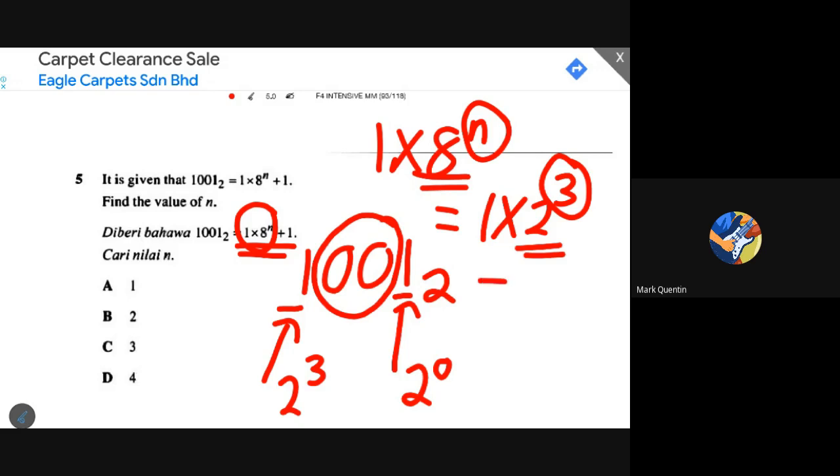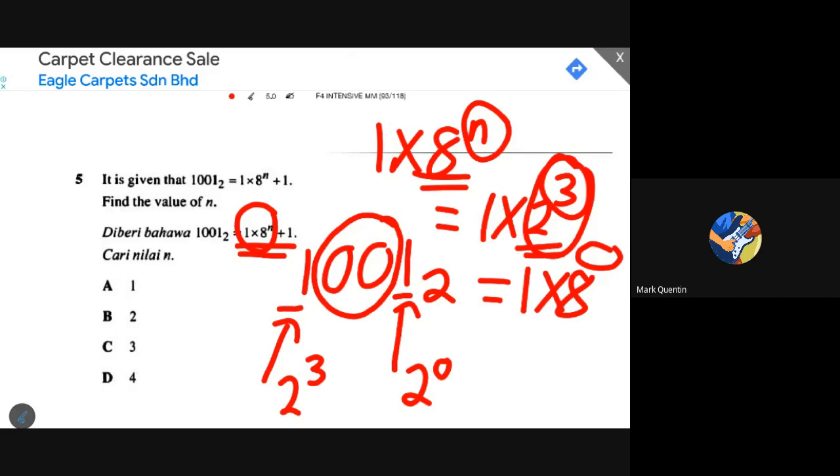Okay, so if you try to see, 2 power 3 is what actually? 1 times 8. Okay, so what is the power on top here? If I ask you, 1 times 8, the power of 8 is what? Apa kuasa untuk digit 8 tu? Others also can answer. You all can answer also.